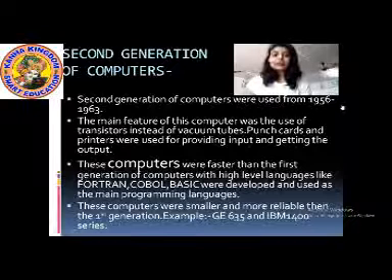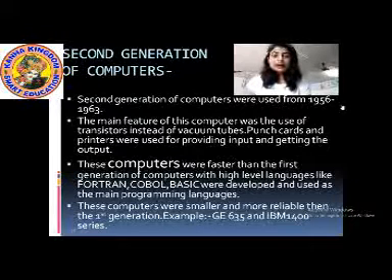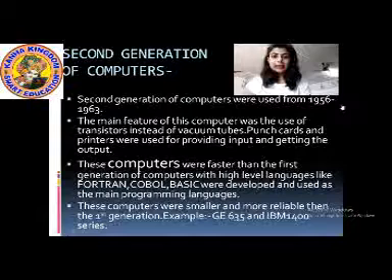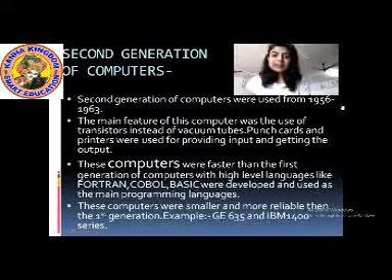Now, what was the language of this computer? What language could this computer understand? These computers could understand languages like Fortran, Basic and COBOL. These were the programming languages in these computers.